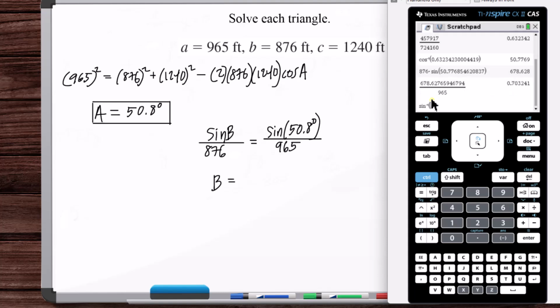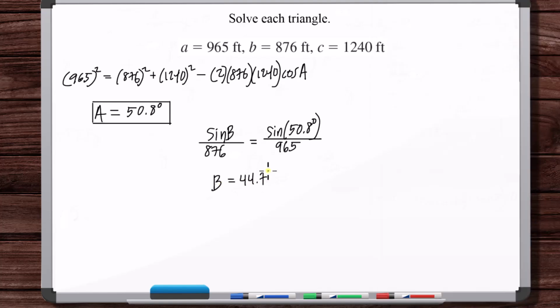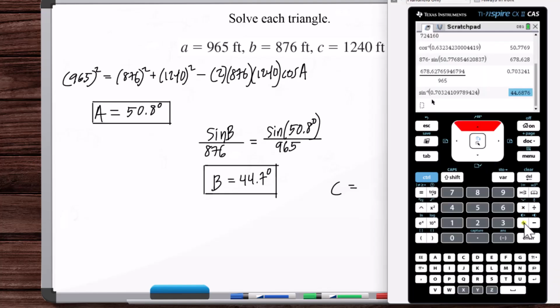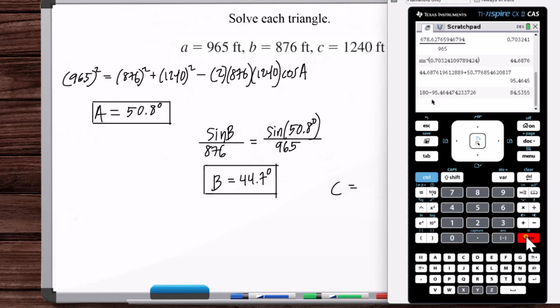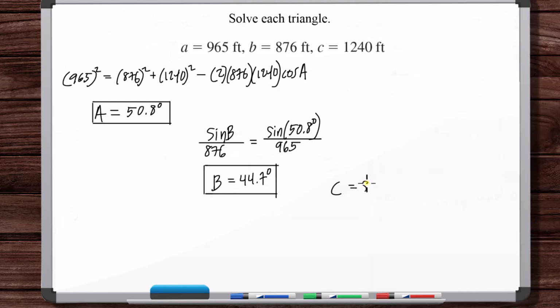Now the inverse sine of that is 44.7 degrees. Okay, now angle C is this plus this, 180 minus that, 84.5 degrees. And there we go.